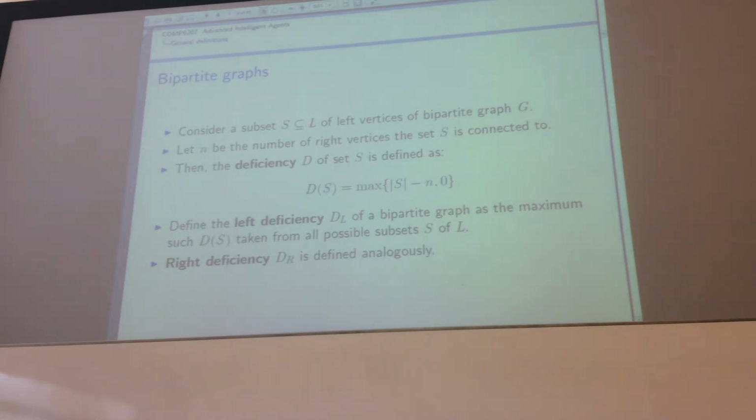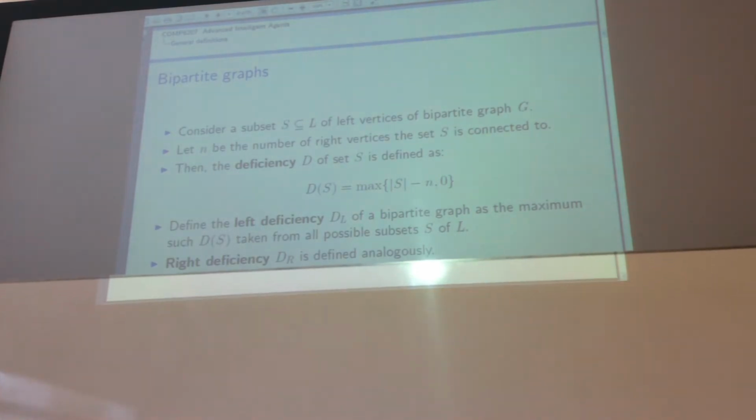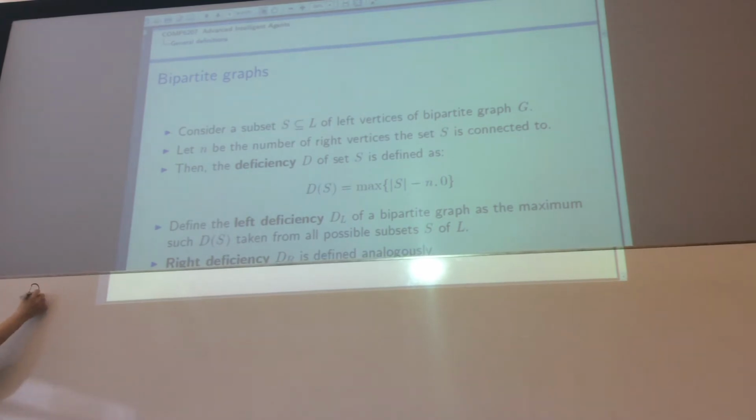So look at any subset S of nodes of one of the sides, let's say the left-hand side, and let N be the number of nodes on the right-hand side to which our given subset S is connected. Is it clear what I mean? So if we have, so this is the left-hand side, this is the right-hand side, we have some nodes here. Edges.